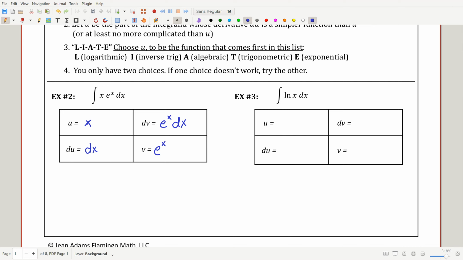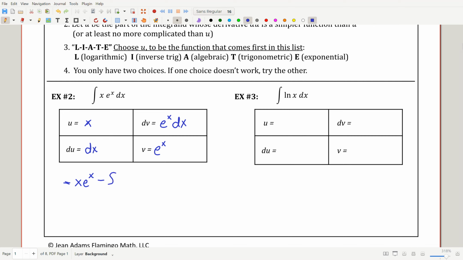If you write your stuff out, it's always going to be the same pattern. The formula is that this integral equals uv outside of an integral. It equals x e to the x minus the integral of v du.